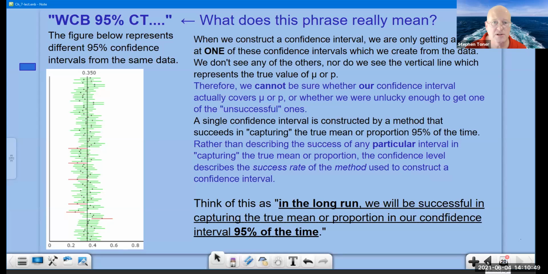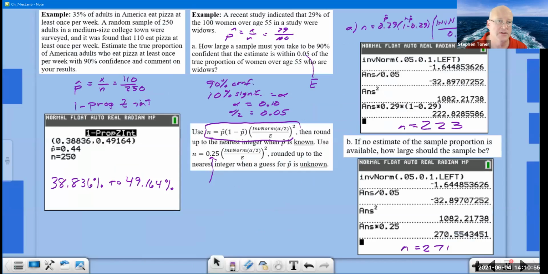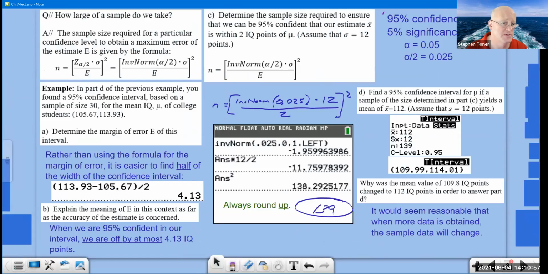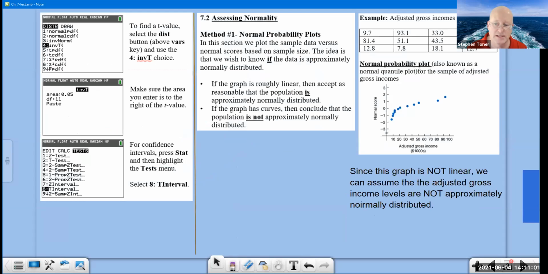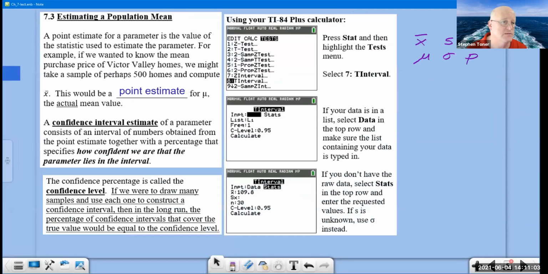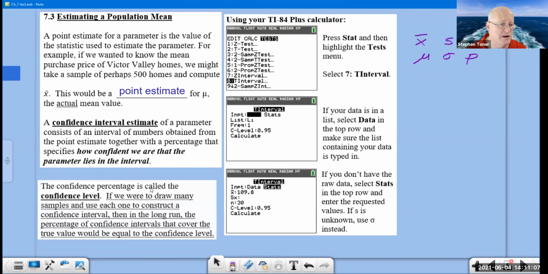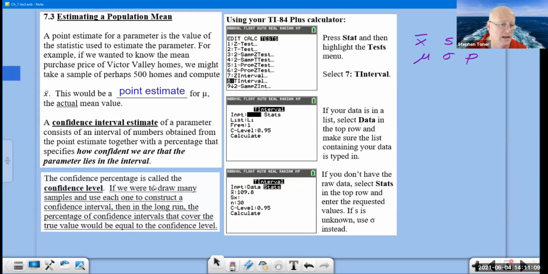Now, before I close off this video, I want to go way back to the beginning of the confidence intervals, at the start of the previous chapter, a previous video, I should say. When we did our first confidence interval in section 7.3, I said, here's this paragraph we're going to go back and look at.